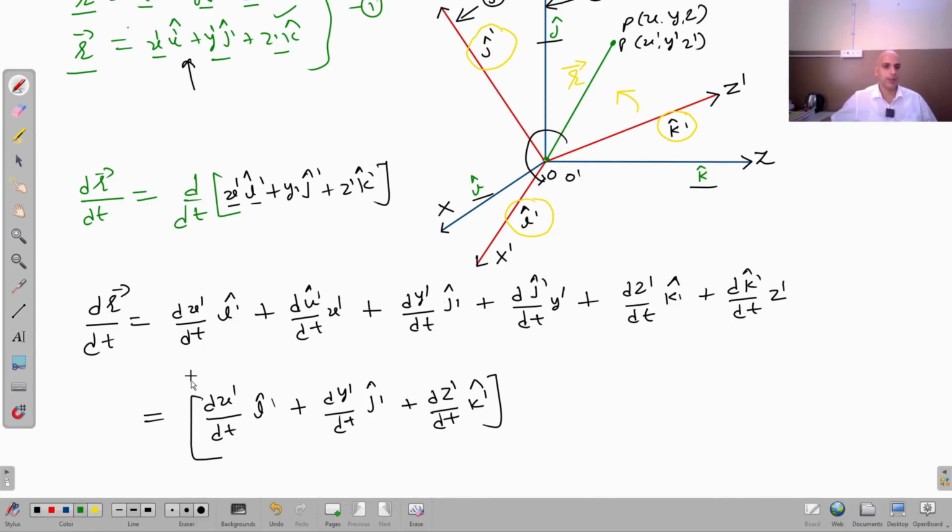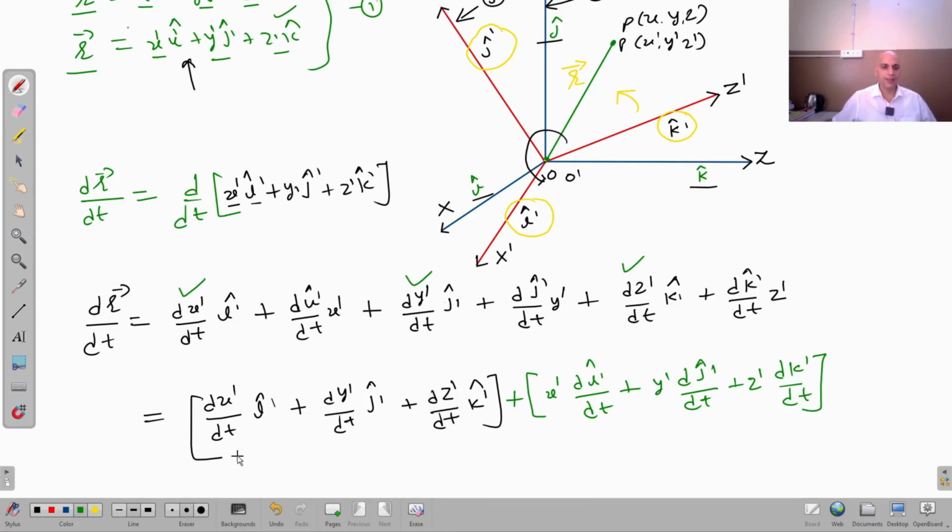I have considered dx dash, dy dash, dz dash. The other three terms that will be left are x dash di dash upon dt plus y dash dj dash upon dt plus z dash dk dash upon dt. Now I have these two. Now what is this?